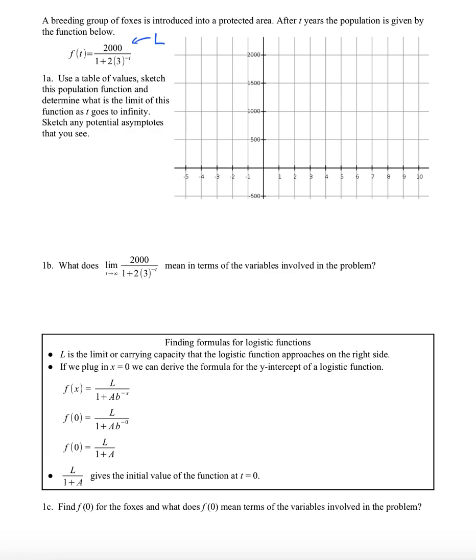That top numerator, 2000, is the limit L. And so when we're going to sketch our function, we can just start with that. And it is the carrying capacity. It's the most number of individuals that the island can support.